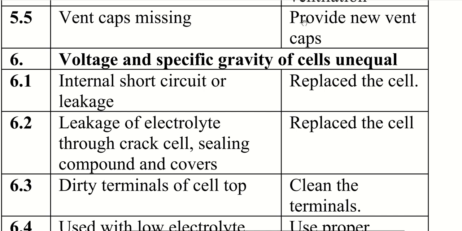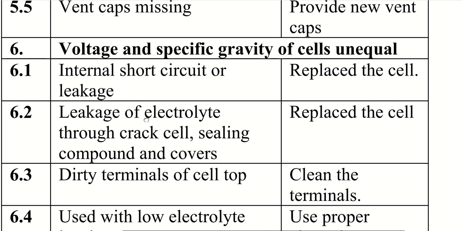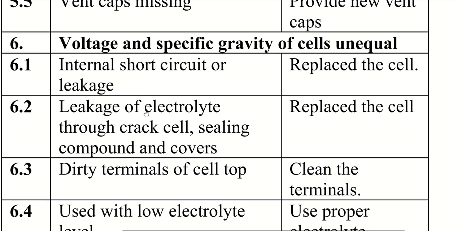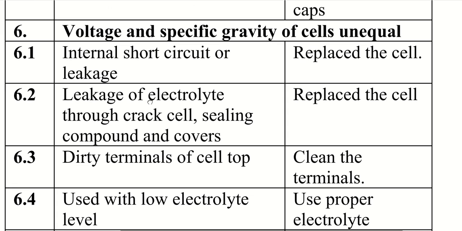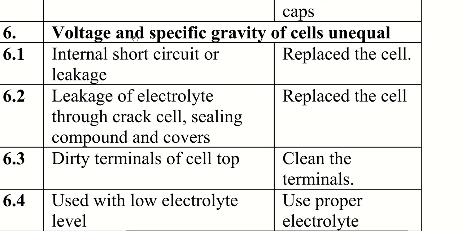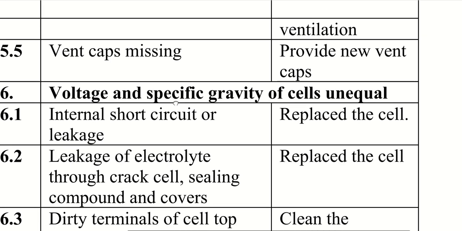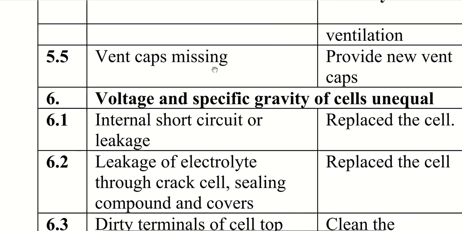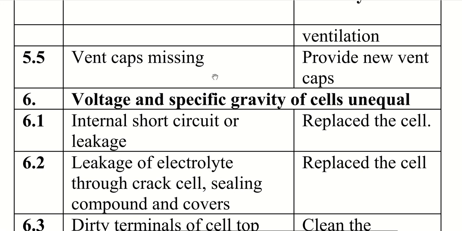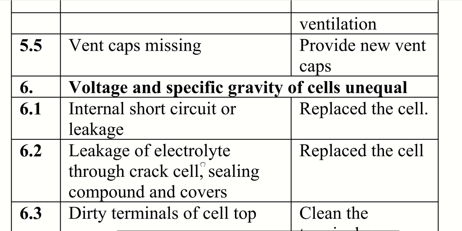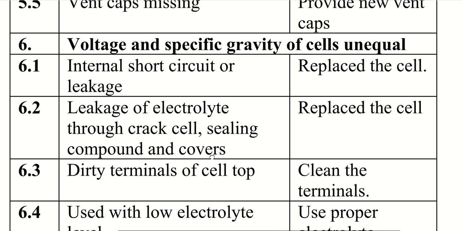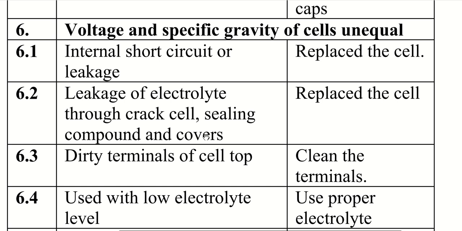Vent caps missing: provide new vent caps, because that could also create problems. If the caps are not there, dust can go inside and create problems. That is why the caps should be in place properly.